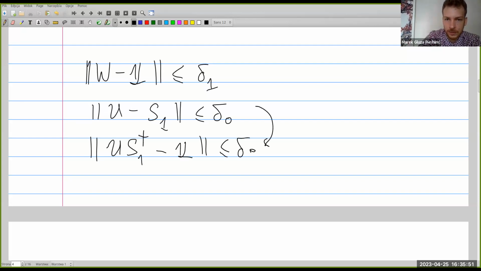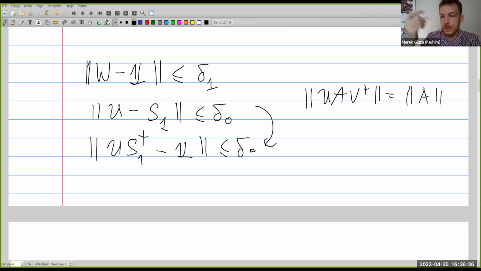Why? This is something we can prove because of the unitary invariance of the norm. So if I have U minus S, this is equal to, oh, this is maybe a bad notation, some U bar, any unitary operation.